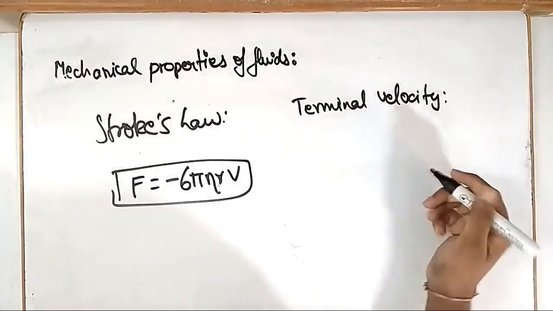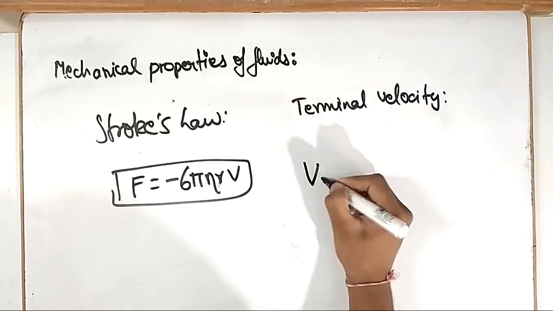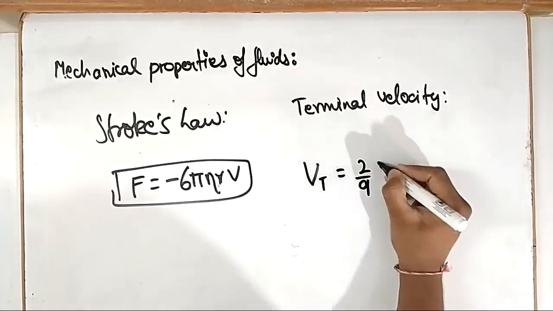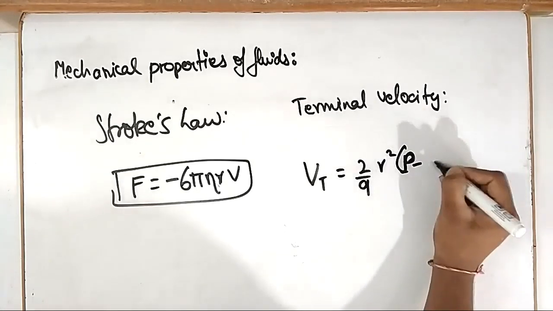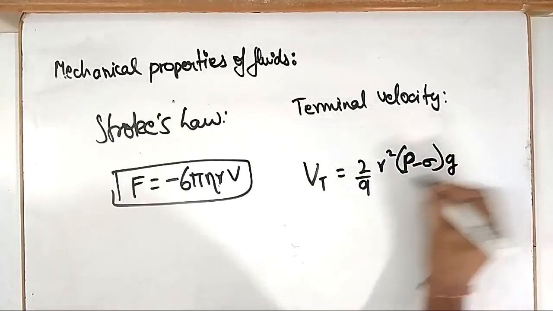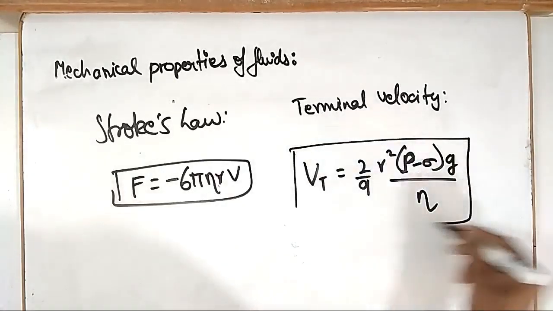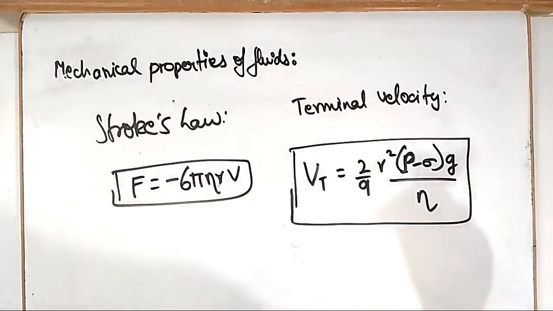That velocity is called terminal velocity. The formula for terminal velocity Vt is equal to 2 by 9 r square into (rho minus sigma) g by nu. So this is the formula for terminal velocity.